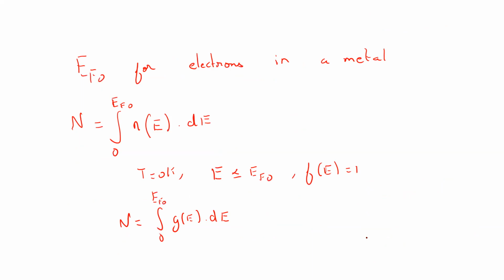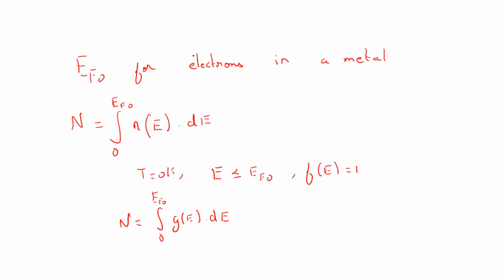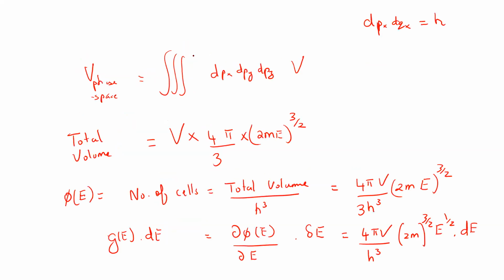So we substitute our G of E value. Let me do it in the next slide. N is equal to the integral from 0 to E_F0, and we substitute this answer here.